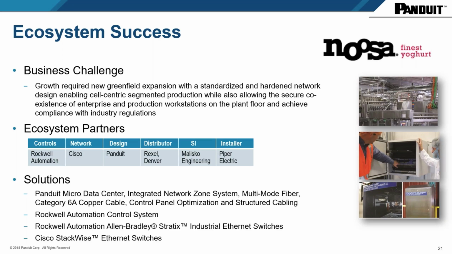It's with Noosa Yogurt. Noosa Yogurt is a company in the Midwest that decided to build a completely out-of-the-ground greenfield network system. And in doing so, they decided to do it the right way.